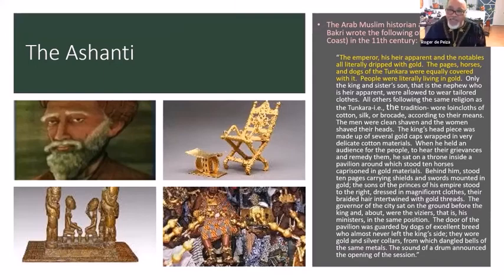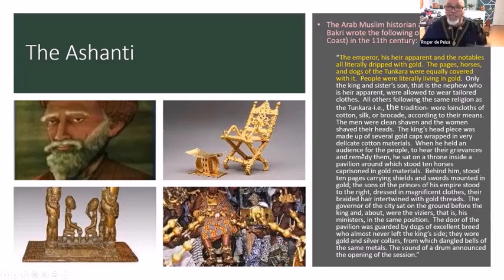People were literally living in gold. And this was from an Arab historian who had visited the place in the 11th century, long before the Europeans came. So, of course, this was one of the first places that they actually started to trade with for gold when they arrived.